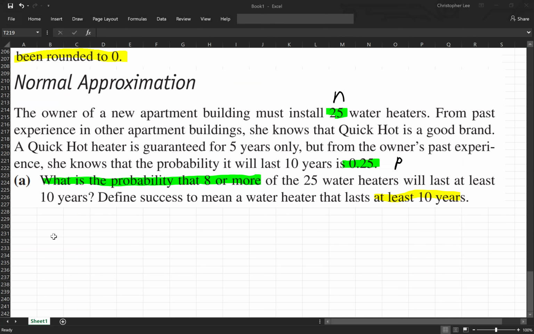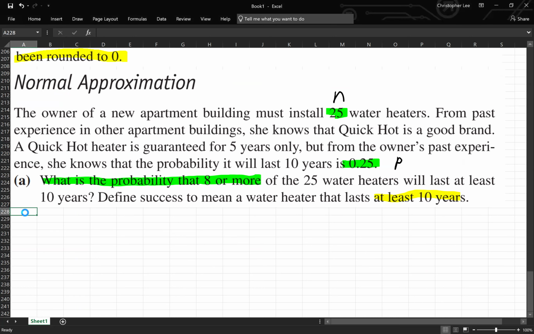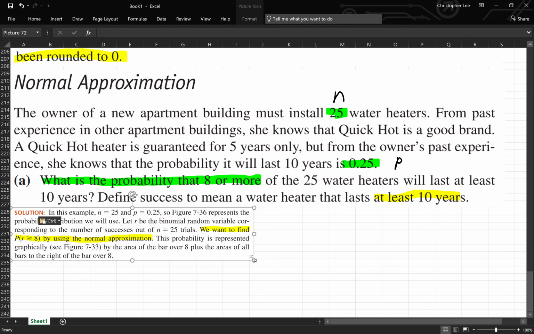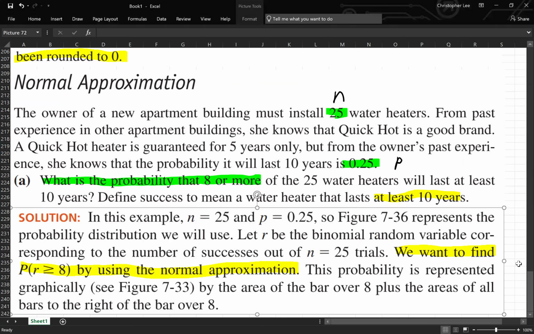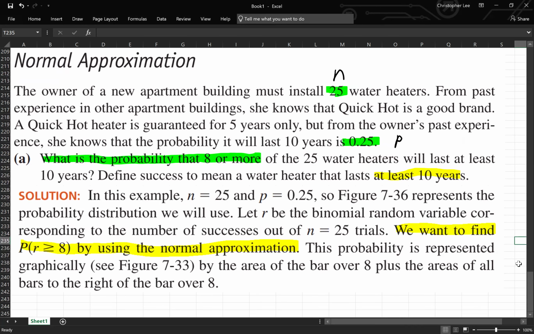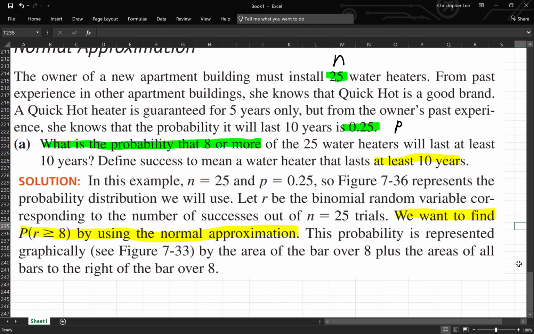All right, so let's take a look at it real quick. My handwriting not so pretty. So in this example, n is equal to 25, p is equal to 0.25. The figure represents the probability distribution we will use. Let R be the binomial random variable corresponding to the number of successes out of n equals 25 trials.